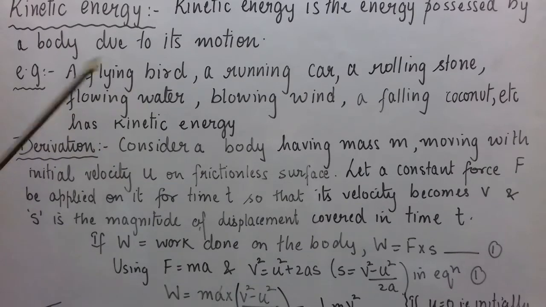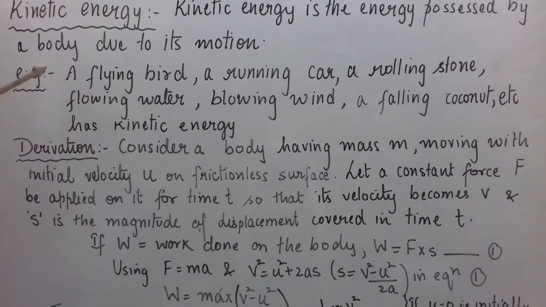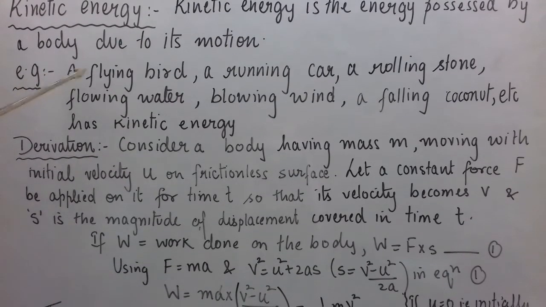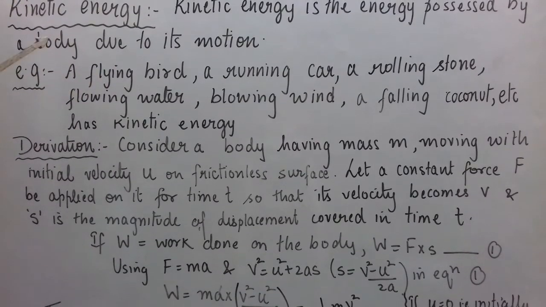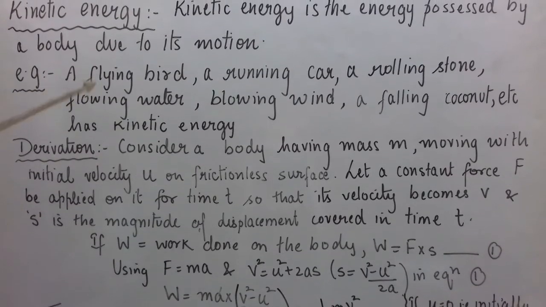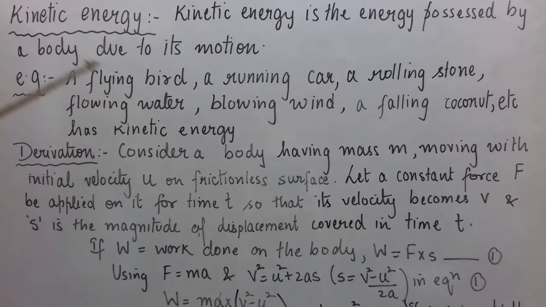They have kinetic energy. Now when we talk about these objects in motion, when we say a flying bird, you will see later on that the flying bird example can be given for kinetic as well as potential energy, that we'll see later on. A car running on a horizontal road has only kinetic energy.